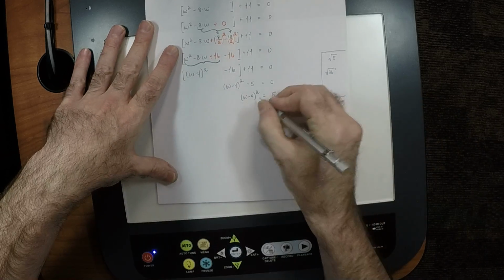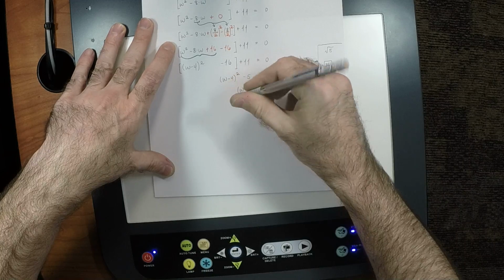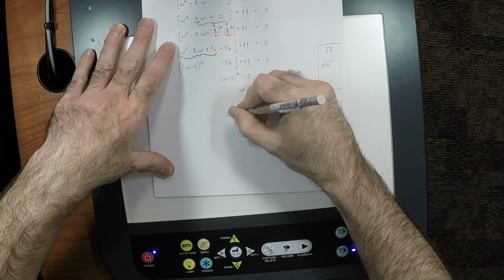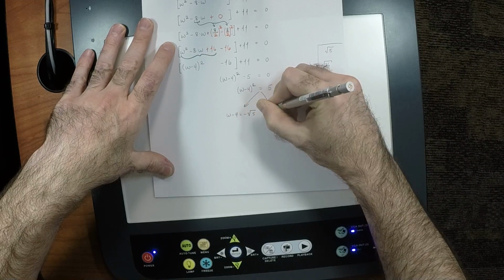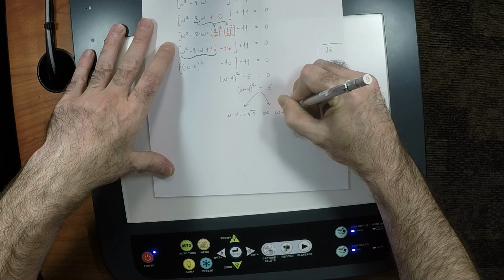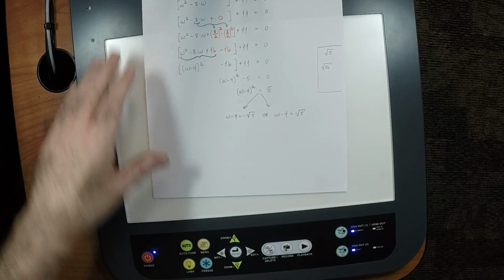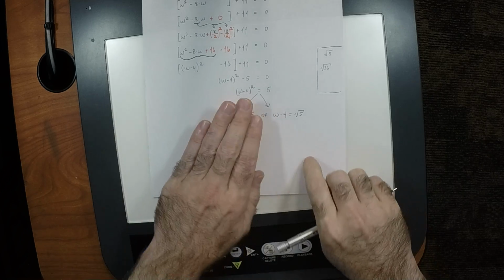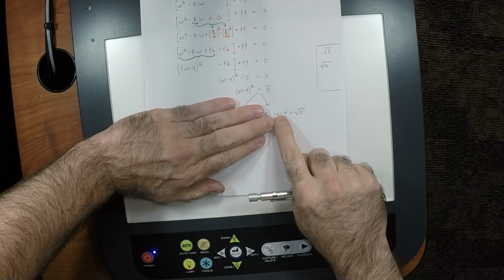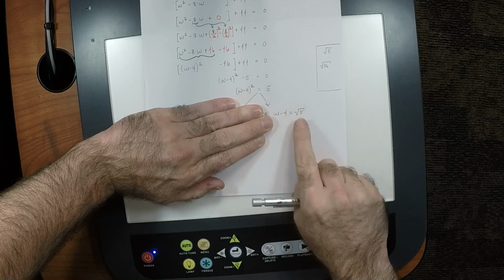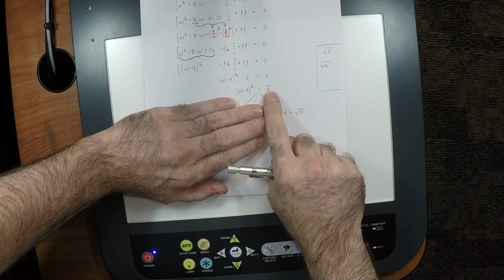Good. So there's two possibilities. One possibility is that w minus 4 is negative square root 5. The other possibility is that w minus 4 is square root of 5. Because if you square the left-hand side, you get that, and if you square square root of 5, you get that.